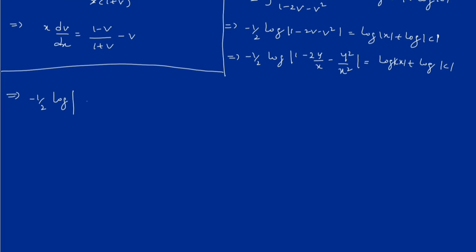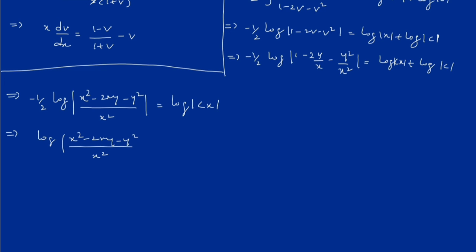Now cross multiply by taking the LCM: minus 1 by 2 log of (x square minus 2xy minus y square) upon x square equals log property. If we apply the property that log m plus log n can be written as log mn, and take minus 1 by 2 to the RHS, it becomes log of (x square minus 2xy minus y square) upon x square equals log of cx to the power minus 2, that is log 1 by c square x square.